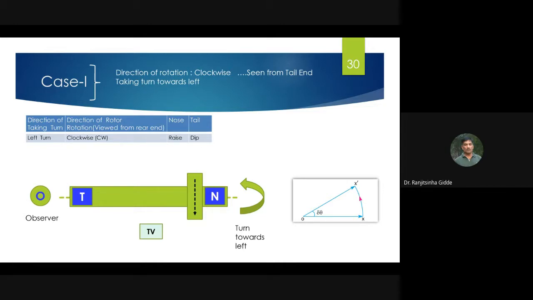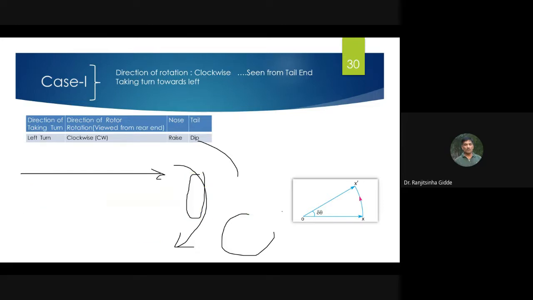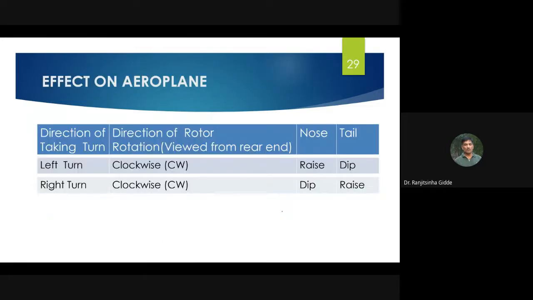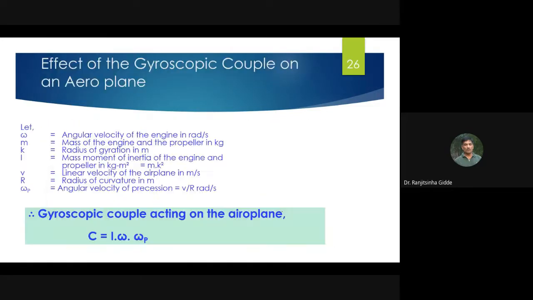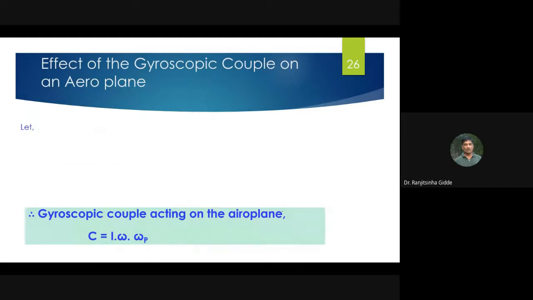Here it is observer, and this indicates direction of rotation. Now from this side it is clockwise, and aeroplane taking left turn, that I have shown here, right? So once we understand what the terms are, then it is possible to solve the numericals. Okay, so this already I have told you.